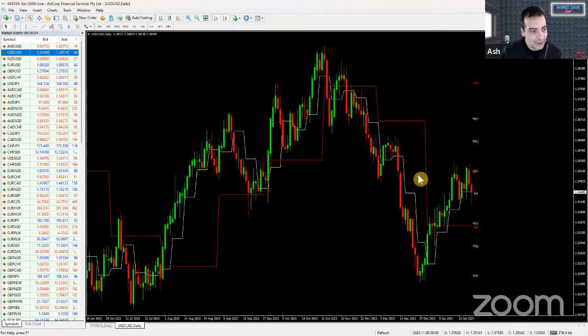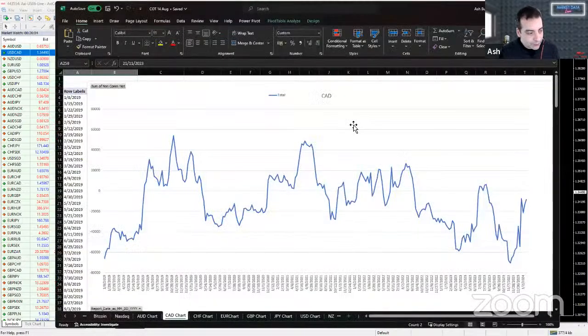The dollar CAD is also looking like some upside. They held interest rates. The interesting thing about the CAD, now I'm going to bring some other background data in here, and that's the COT data. If we look through the COT data, look at the Aussie.